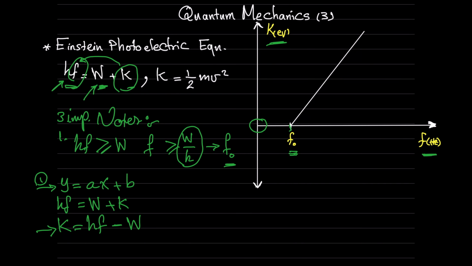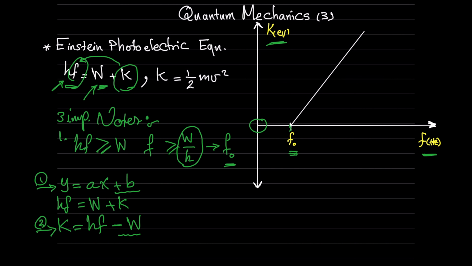Comparing these two equations, equation number one, the linear equation, and equation number two, deduced from Einstein's photoelectric equation, we can deduce that the intercept, b, corresponds to the work function of the metal of interest.